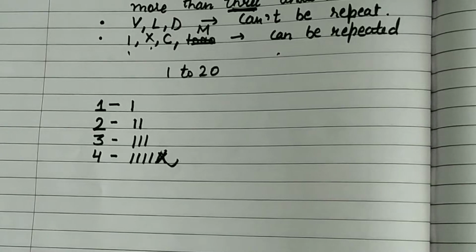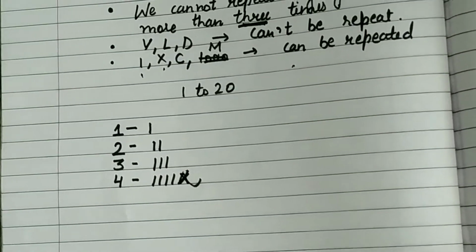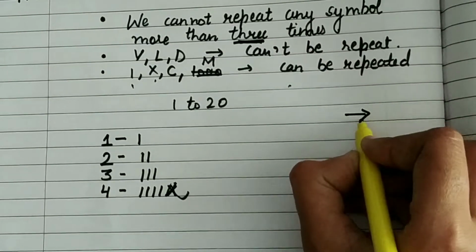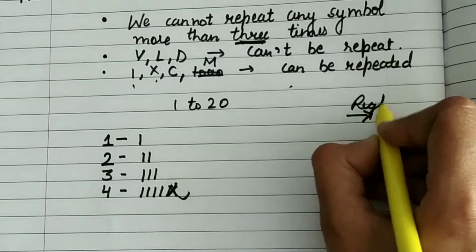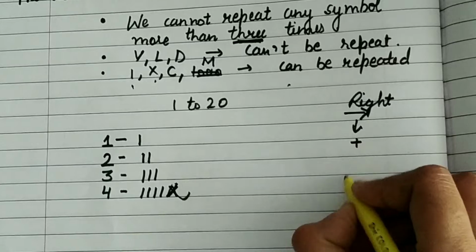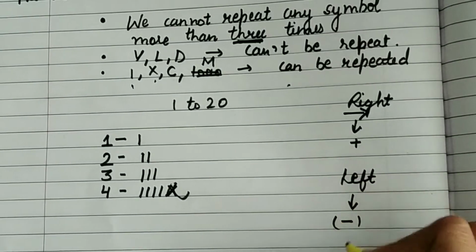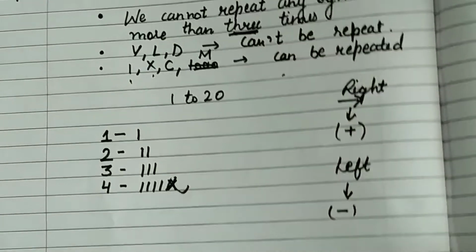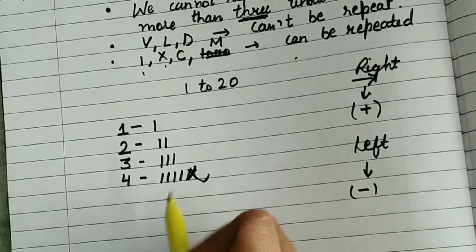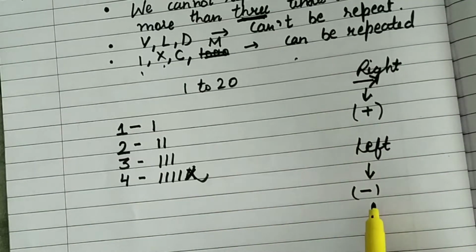Now how do we have to do it? For that we will discuss one more rule, that is addition and subtraction. Always remember, right means addition and left means subtraction. Fine. So now see, if repeating of symbols is not working, that means we have to go for the subtraction method.